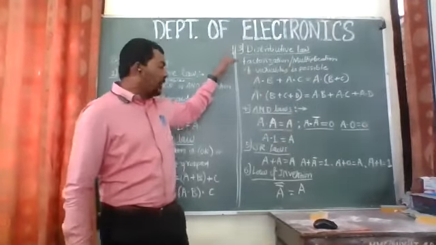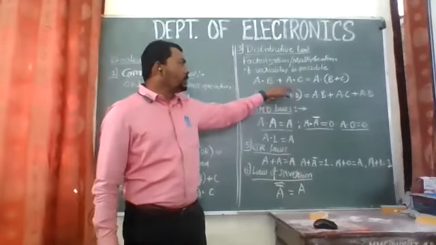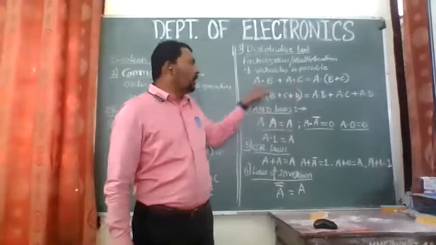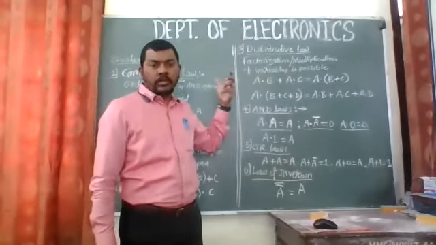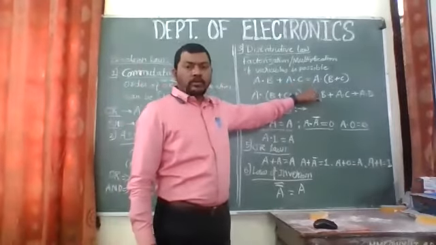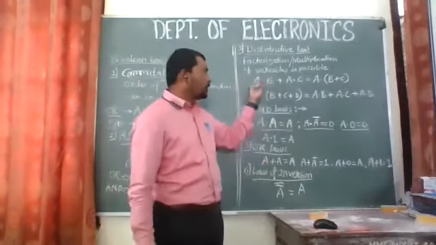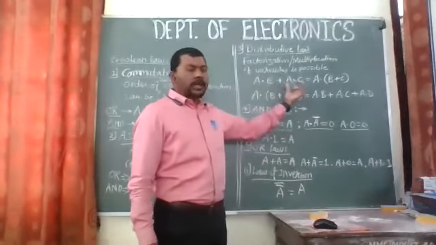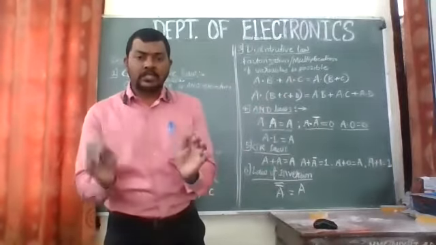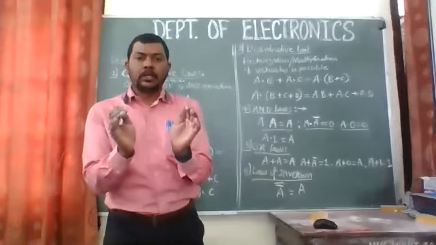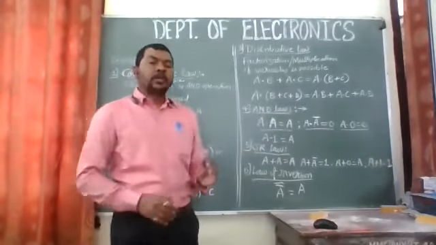For example, if we have an equation like A dot B plus A dot C, the variable A is the same, so we can take A as common. We can factorize it like A as common, dot, in a bracket B plus C. So A dot B plus A dot C can be written as A dot B plus C, right? So we are grouping B plus C. That is actually called the factorization, right?